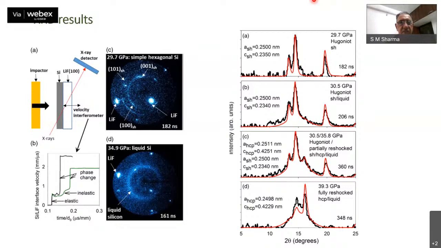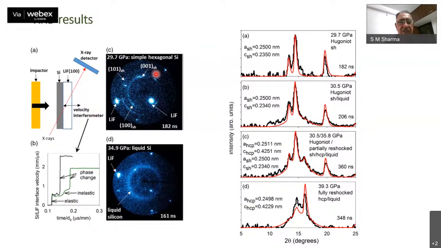And what we noted is that beyond 26 GPa or so, the cubic diamond phase abruptly transforms to the simple hexagonal phase, or what is also called primitive hexagonal phase. You can see here some of the peaks have been identified with the subscript simple hexagonal. So the cubic diamond phase goes straight into the simple hexagonal phase.